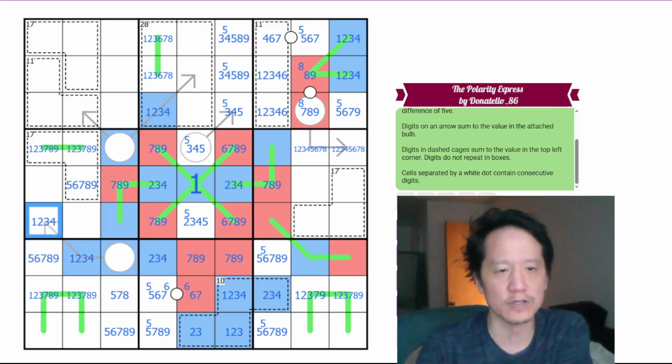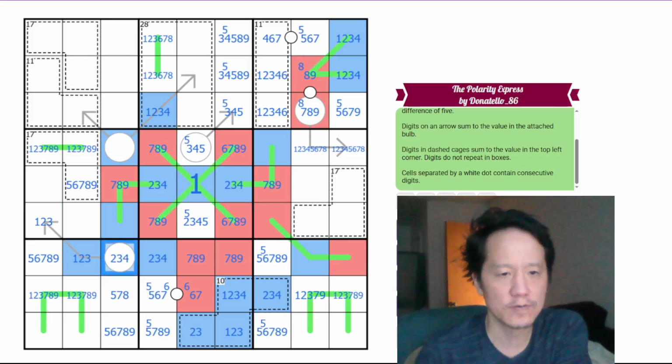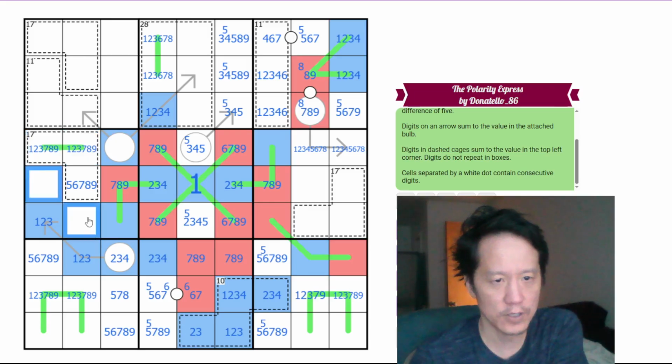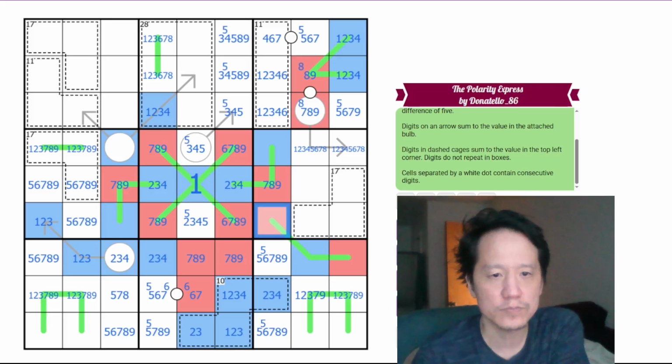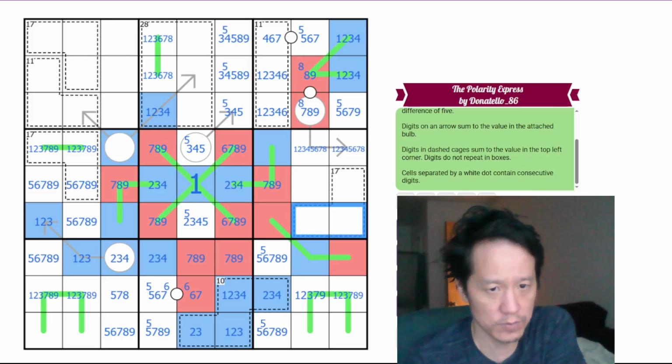This has to be a low, and it can't be 4, actually. None of these can be 4, because this is at most a low. So this is a low also. So we have a low here, a low here, a low here. The rest of the digits must be 5 through 9. So one of these must be low, and only one of these can be low.